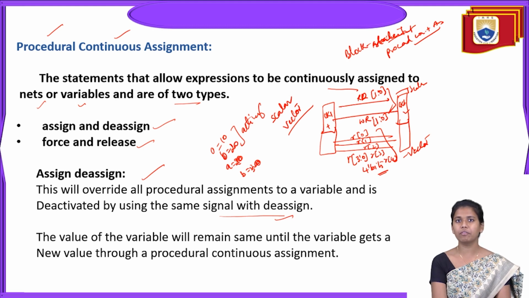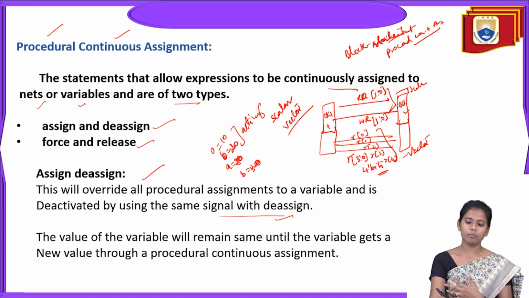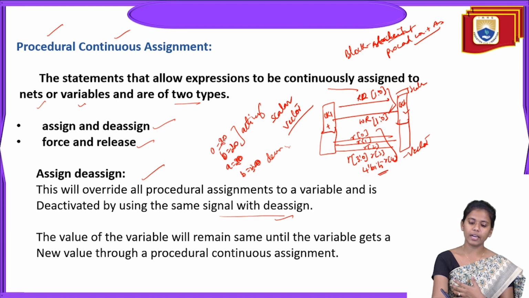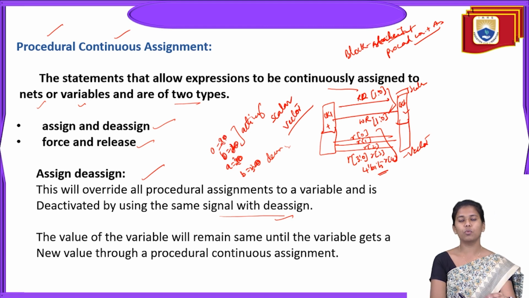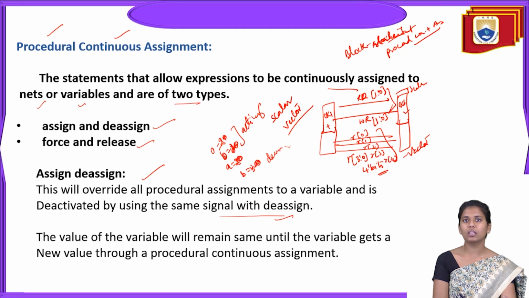Being a designer, I have the freedom to change. So by using the deassign keyword, I can override and change the values. This is what happens in the procedural continuous assignment statements. You deactivate by using the deassign keyword, and if you want to override some values onto your variable anywhere, you can use the word assign.